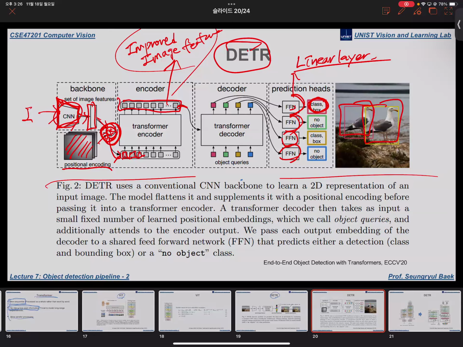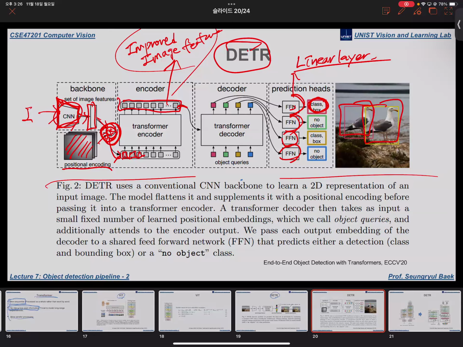So in the initial DETR, there is no explicit meaning for these object queries, but later, people found that giving some spatial information to these object queries is helpful for accelerating the DETR training. Afterwards, people improved DETR in that aspect, but that's beyond the scope of this lecture, so I will skip that.